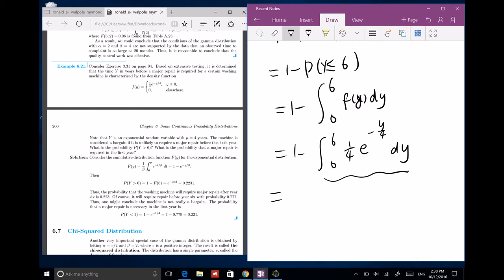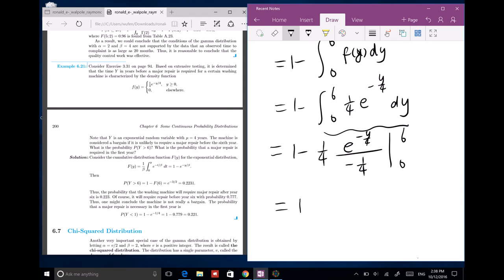You know the probabilities. Take the antiderivative, the integral from 0 to 6 of the density function. So 1 minus (1/4 e to the negative y over 4 divided by negative 1 over 4). Because this is an exponential function, you use the chain rule, divide by negative 1/4, then plug 0 and 6 into the function. Plug 6 in, and this will cancel out.